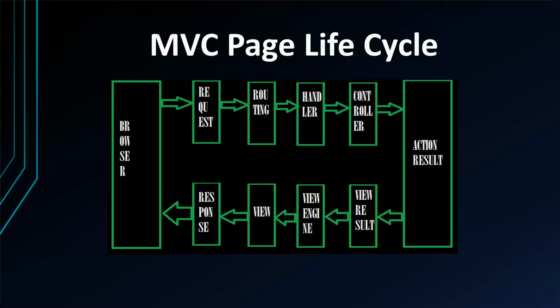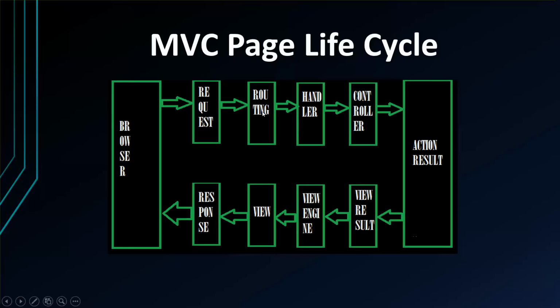Each controller can handle multiple requests with the help of action methods. That means the controller has one or more action methods. So when a request reaches the MVC application, these requests are routed to a particular controller. All the requests first reach the routing level.